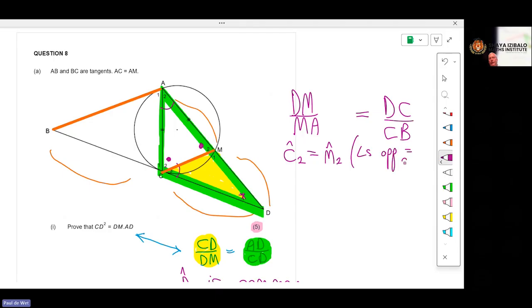And then A1 will be equal to M2. Angle A1 equals M2, tan chord theorem. Guys, maybe it helps to turn your book around to see the tan chord theorem. Here, if we make that the tangent, in other words, if we turn the page, then it's easier to see tan chord. Well done. So what now?